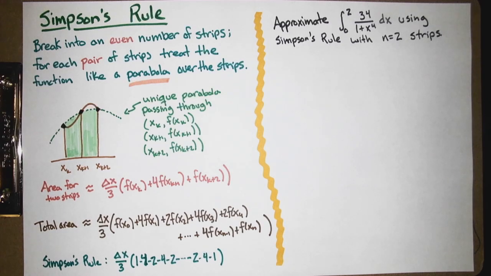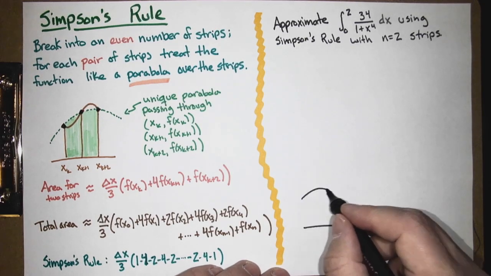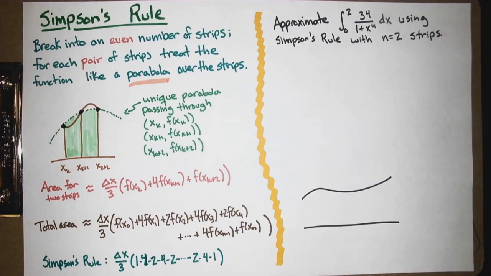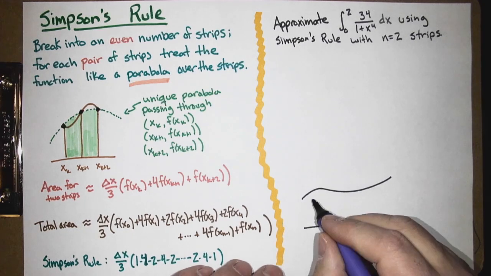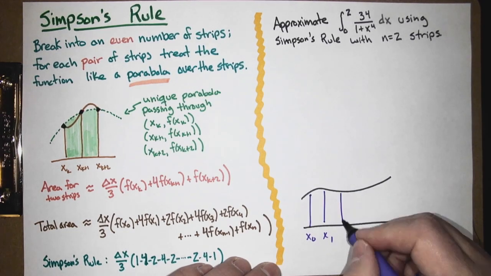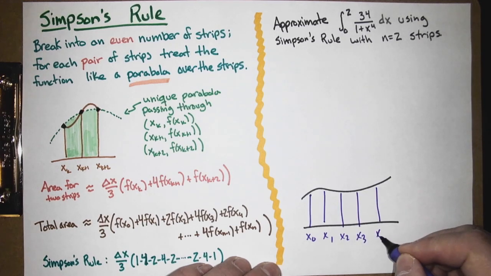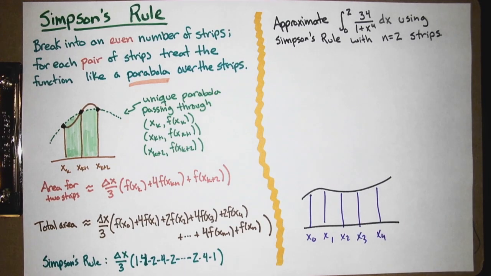So what do we do? We add all the pairs together. So what happens when we do that? So let's see if we can sketch this. Again, a little bit sketchy here. So x0, x1, x2, x3, x4. Okay, that should be good enough. That's an even number of strips.